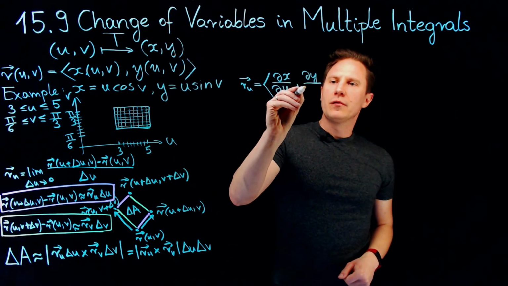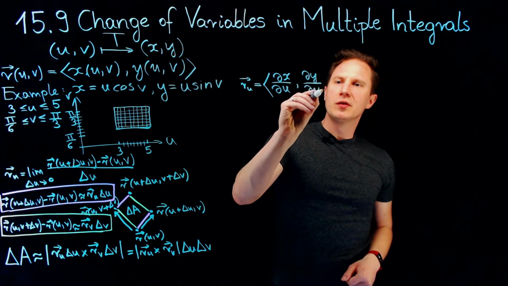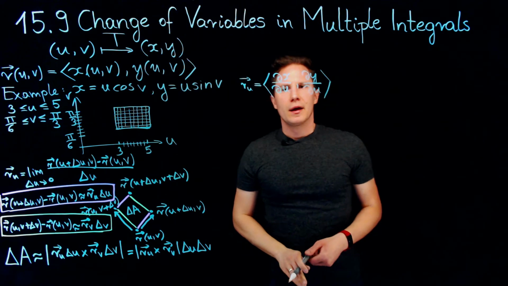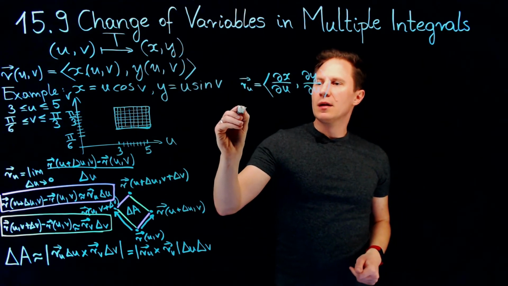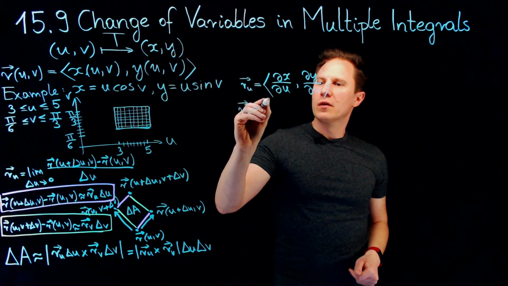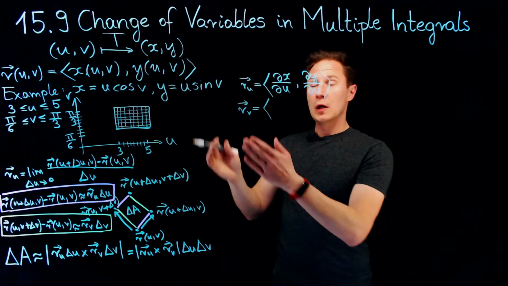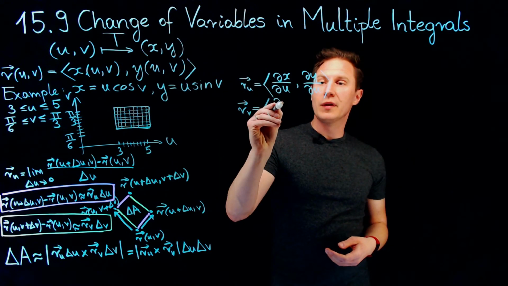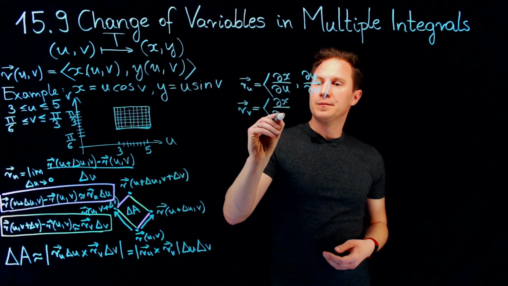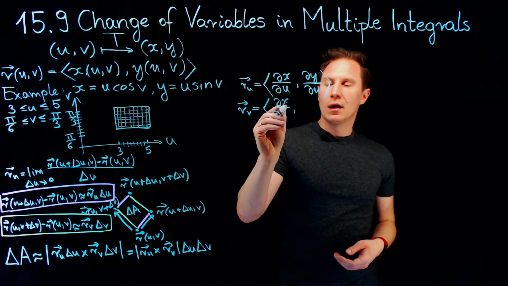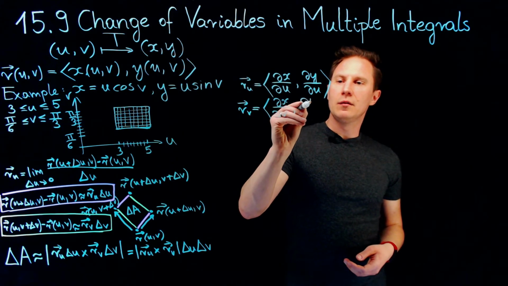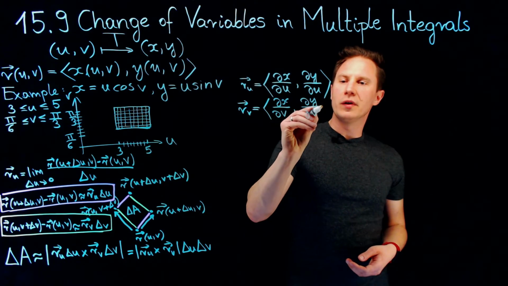I'm just differentiating the components of r with respect to u. And similarly, r sub v is just the partial derivatives of the components of r with respect to now v. So dx over dv and dy over dv.